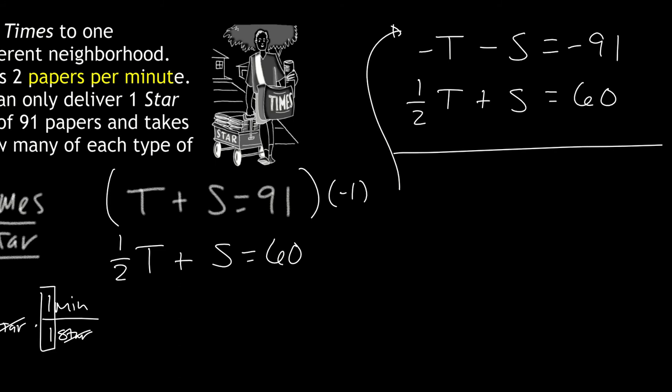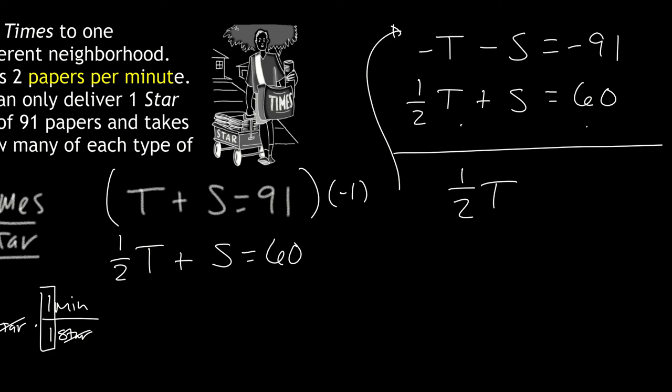If I combine these, adding equal things to each side, I get a negative 1T plus 1/2 T, which is negative 1/2 T. My S's cancel, and 60 minus 91 should be negative 31.